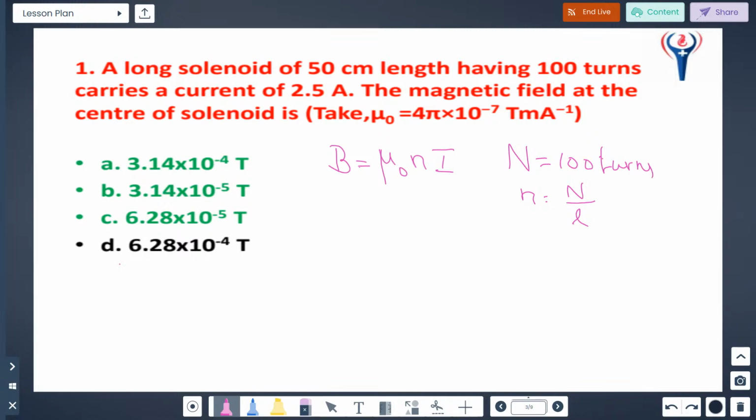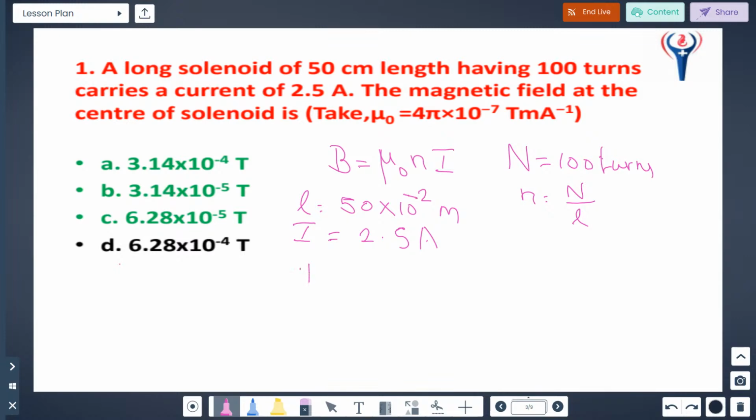L is given, length of the coil. L equal to 50 centimeter, convert into meter. So 50 into 10 power minus 2 meter. And current is also given, I equal to 2.5 ampere. Just straight away you can substitute.